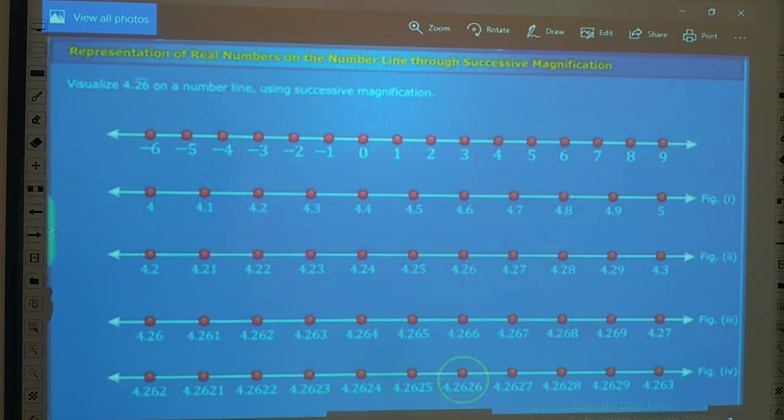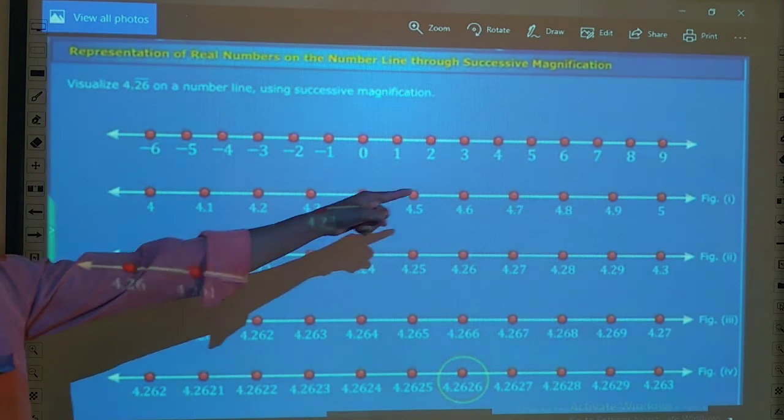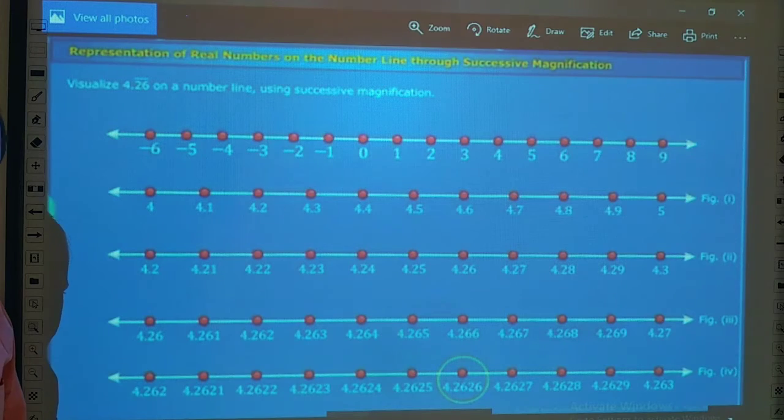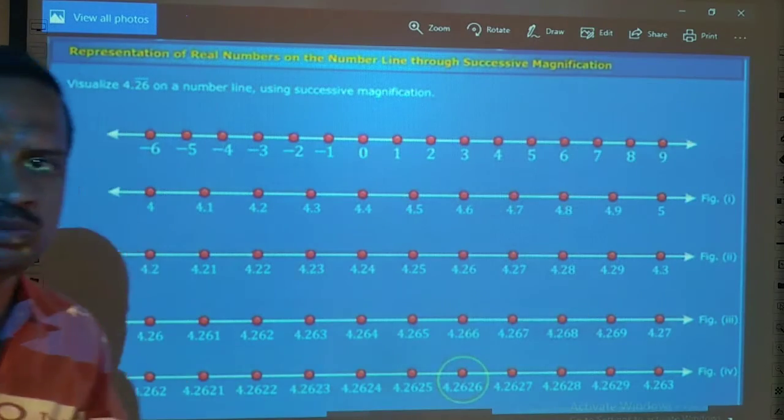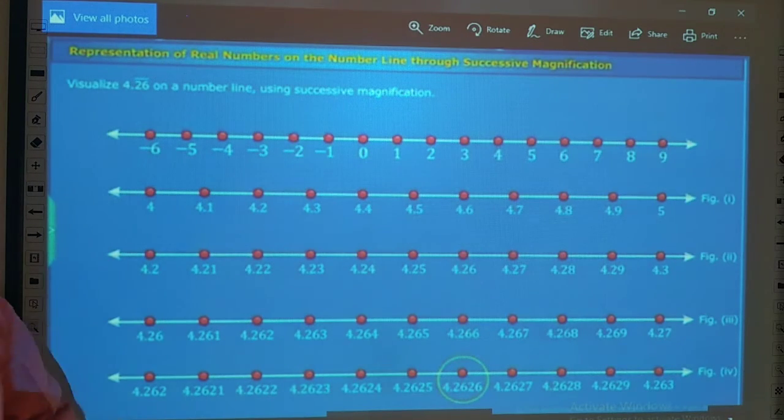So you see, 4.26 means we have to magnify 4 and 5. Between 4 and 5 we have to magnify. So you see here 4, 4.1, 4.2 and so on 4.9 up to 5. And in the second figure 4.2 to 4.3 it is magnified. Then only we can get 6. 4.2 after that the 100th digit is 6 there.